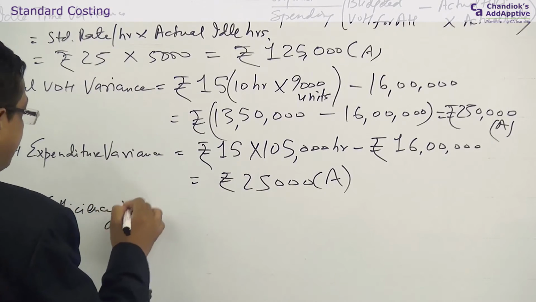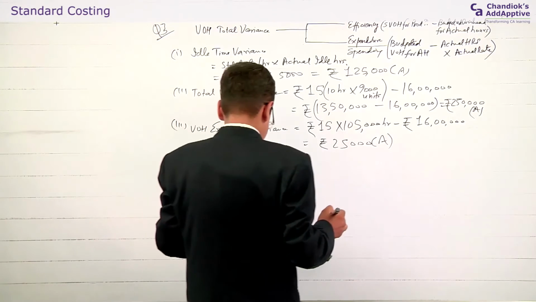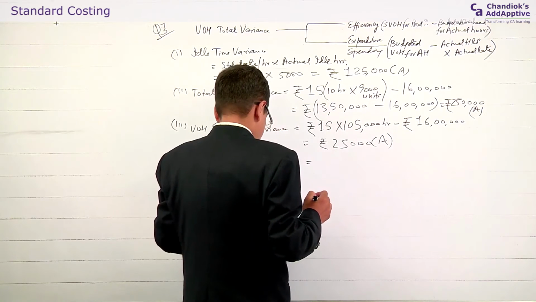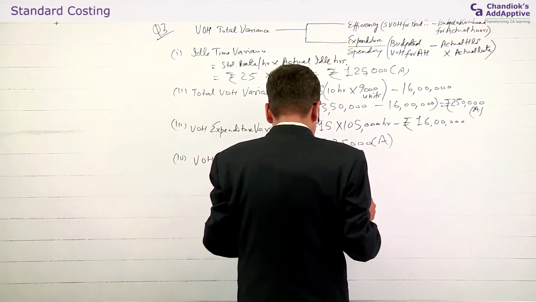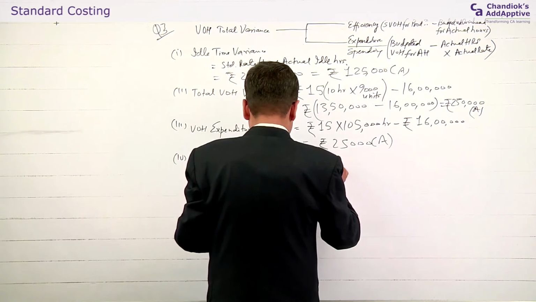The last part relates to variable overhead efficiency variance. So efficiency variance is basically standard variable overhead for output minus budgeted overhead for actual hour. So I can do it like this.